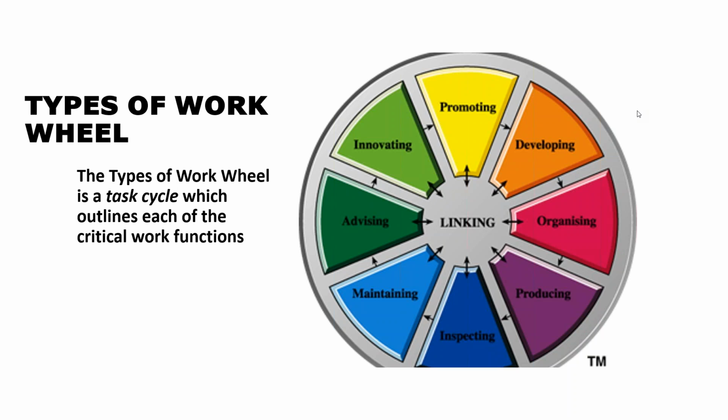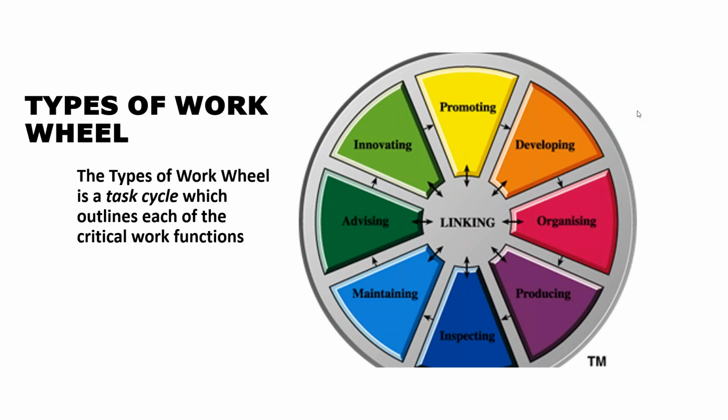And what I'm going to do now is I'll spend a bit of time running through each of these 8 tasks. And while I do that, you might want to consider, well, where would I see myself preferring to contribute in team discussions? And also, you might want to consider some of the people in your team and think, well, where would they like to contribute, or where do they contribute?